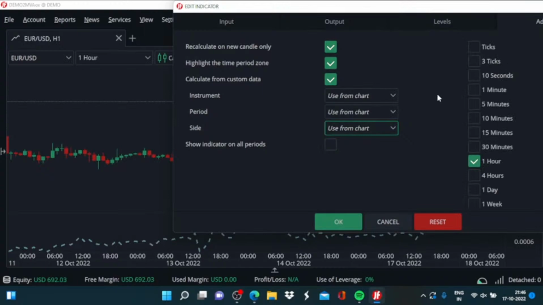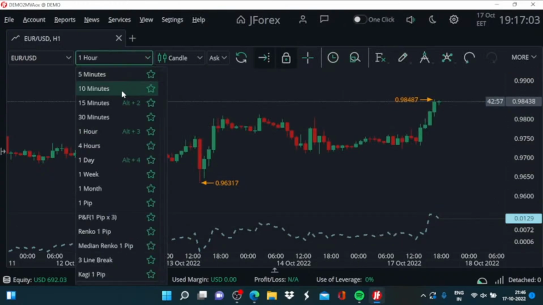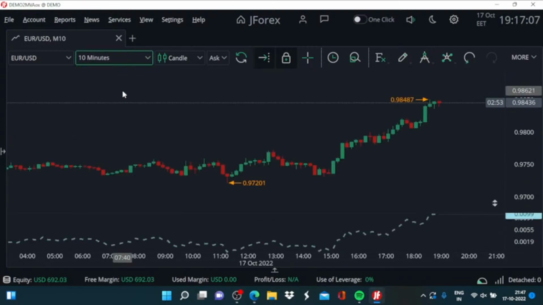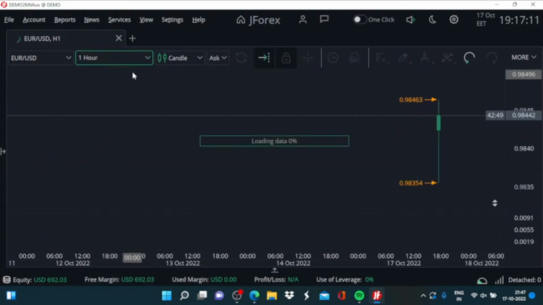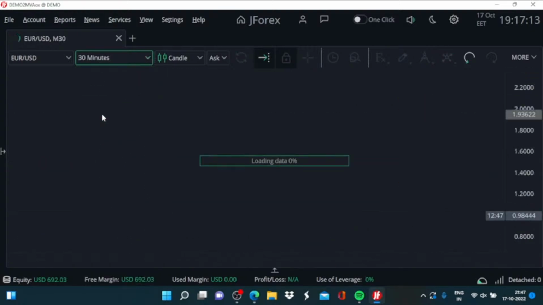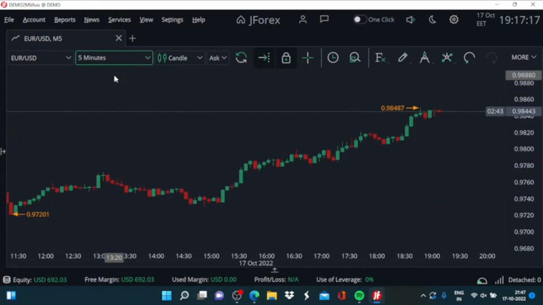Else, if you opt out of it, then you have to define on which candle period these indicators should appear, and only on those time frame these indicator will appear. For example, here in this case, it will be available only on the 10 minutes and hourly candle period. But if I change it to say another candle period like 30 minutes or 5 minutes, then it won't appear.